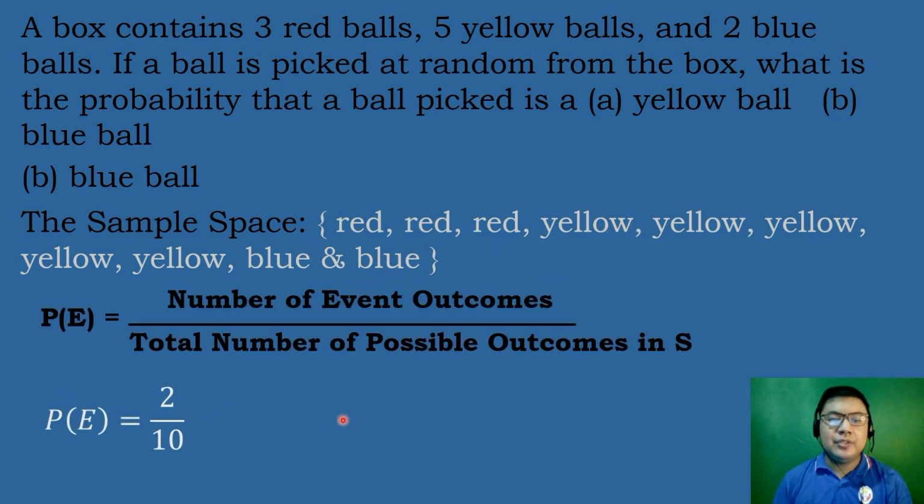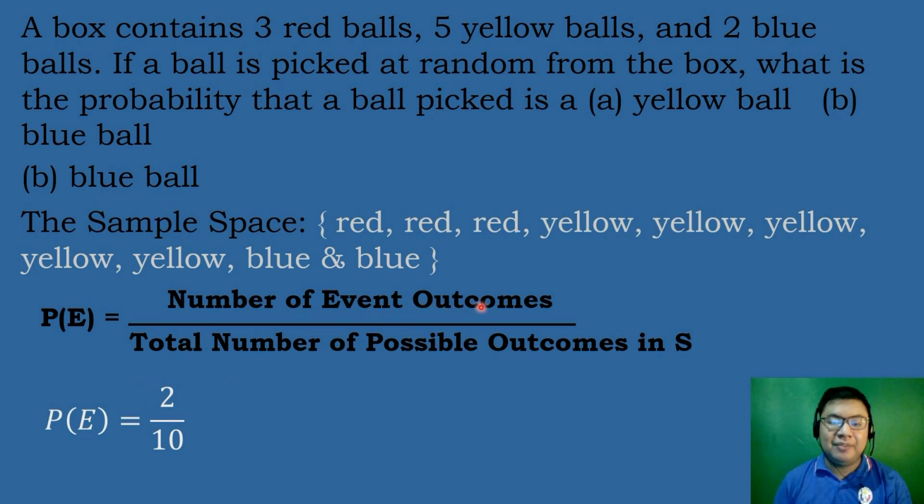And then we will use the formula of probability. Probability of event E is equal to the number of event outcomes all over the total number of possible outcomes in the sample space. So the number of event outcomes, how many blue balls are there inside the box? So we have 2 blue balls. So that is the value of event outcomes. So substitute it in our formula.